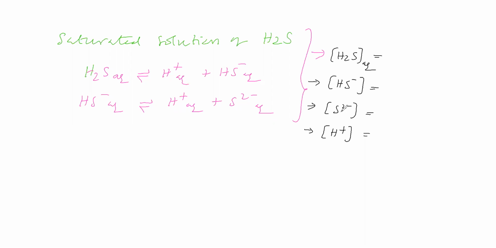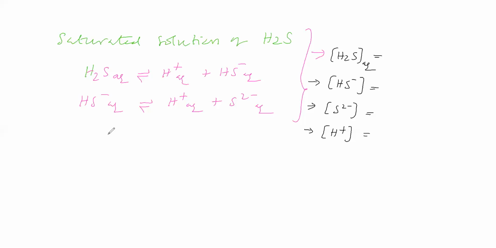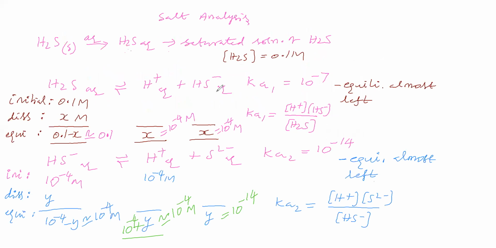Now we have to say the concentration of these species. The concentration of H2S at equilibrium is 0.1 molar. Then the concentration of bisulfide at equilibrium is 10 power minus 4 molar.